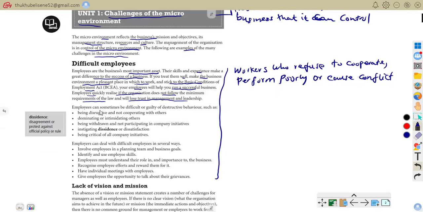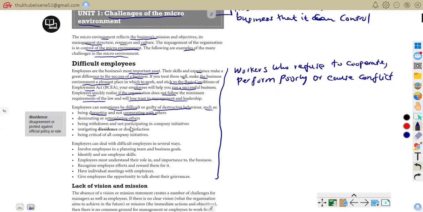They're saying employees can sometimes be difficult or guilty of destructive behavior, such as being disruptive and not cooperating with others. That's when we say these are difficult employees. Dominating or intimidating others so they can influence bad behavior.